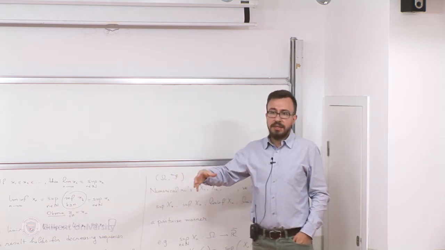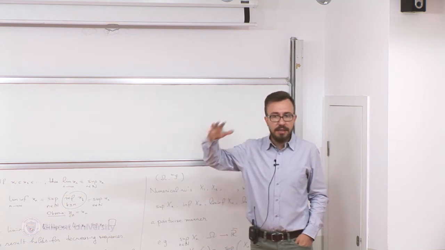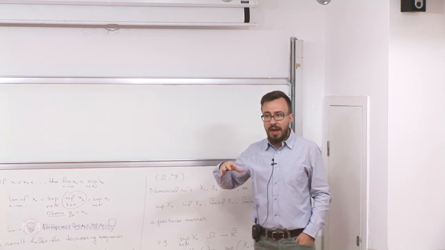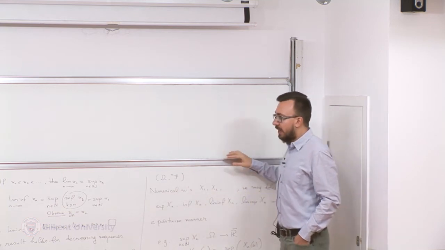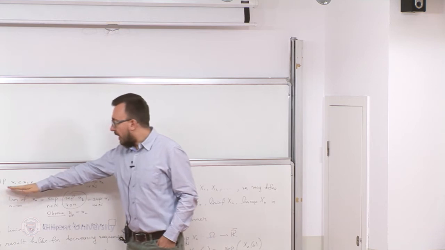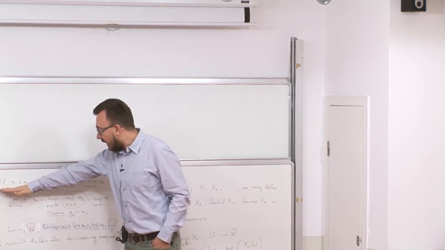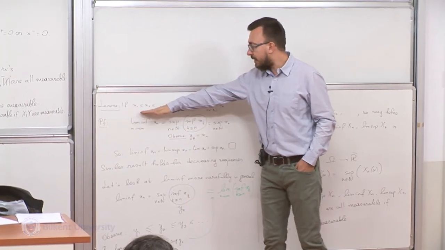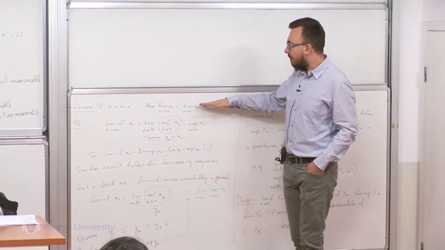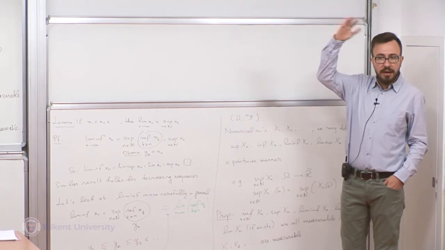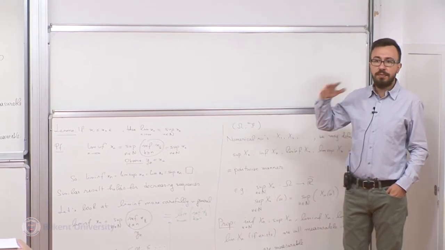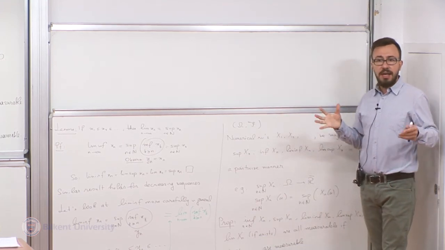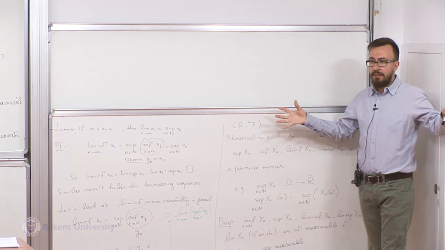For instance, let's say we have an arbitrary positive measurable function, positive random variable. Our aim is now to prove that there exists a sequence of simple random variables, simple functions, that are increasing like this, and then their limit is the arbitrary measurable function that we just fixed. So our aim is to use simple functions as building blocks of more general random variables.